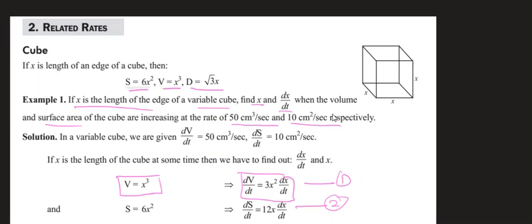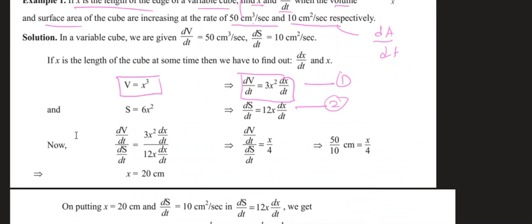So here surface area, volume. So this is volume, dV by dt. So this one is dV by dt. And what about this? This is dA by dt. Okay, so we know already the formula, and based on that you can work out. You just substitute and see, we have worked out S is equal to 6x squared.